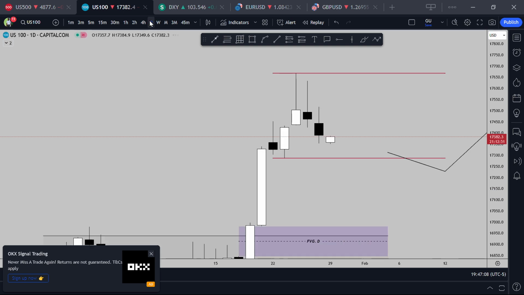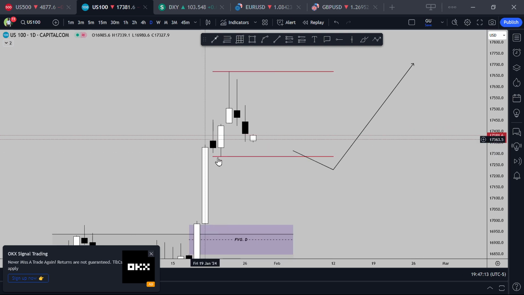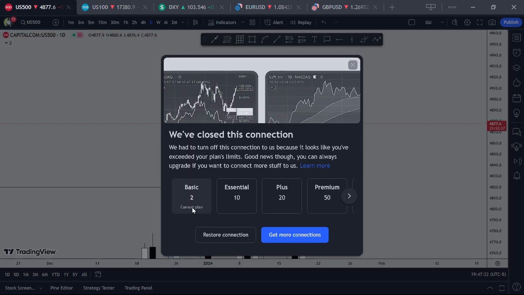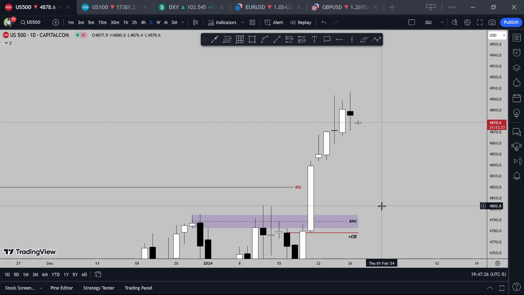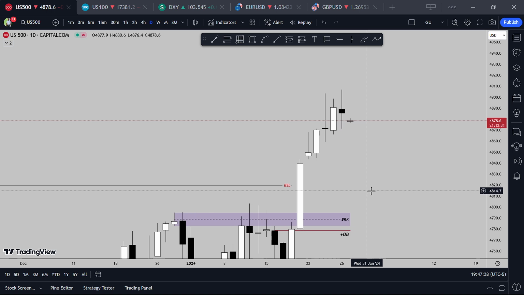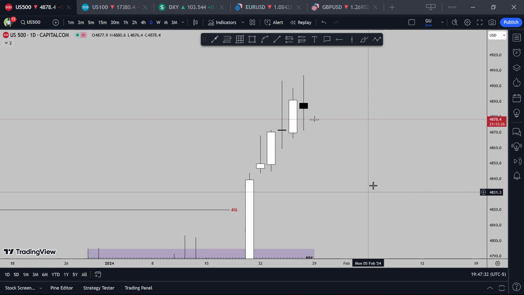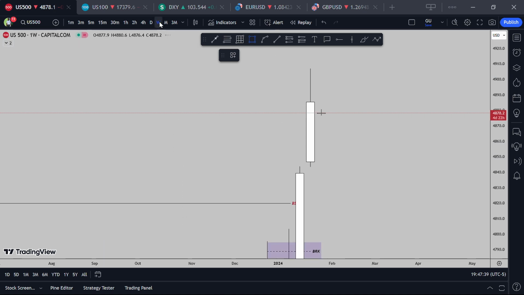So going back to the daily charts, yeah, we have that swing low there. So manipulation of that low to this gap to attack buy side. That's my expectation. Very, very simple. Let's go to S&P. The same scenario. If I'm bullish on NAS, I'm bullish on S&P. So S&P 500, I'm bullish. On S&P 500, I would like to see, let me go to the weekly chart as well.